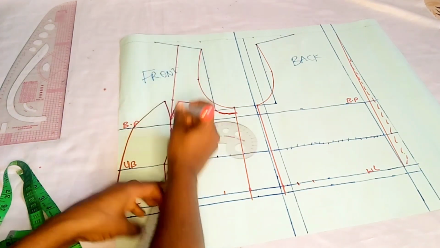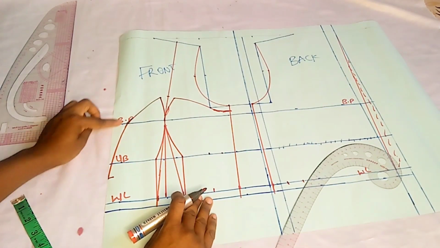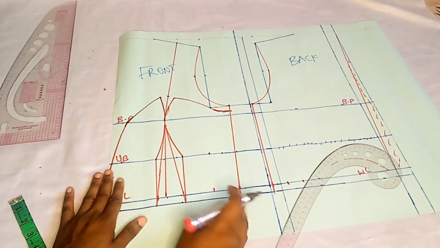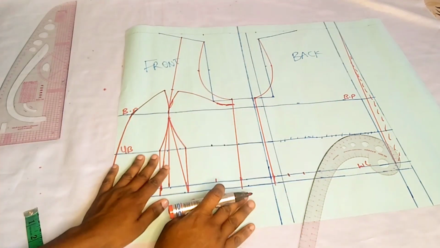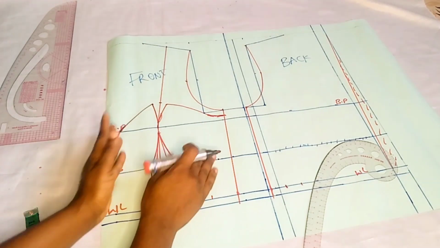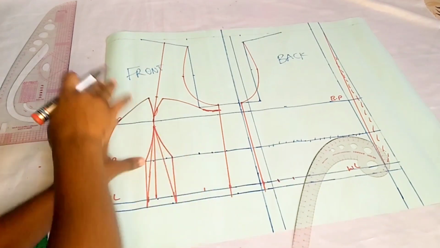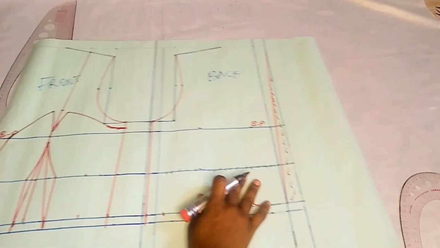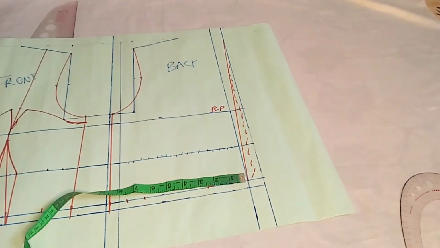This is a tutorial, so you can decide to make it wide, you can decide to make it a bit close, you can play around it to get whatever you desire for your illusion. You can even take this illusion to the waistline, if you don't want it to sit on the underbust.